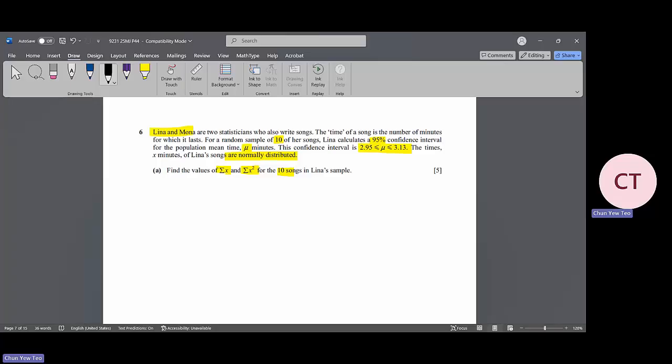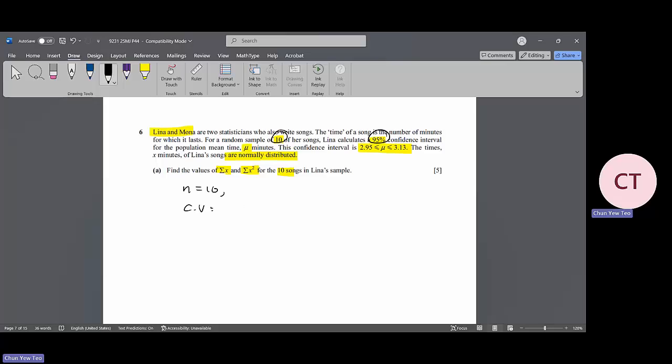So we have n equal to 10, and the confidence level is 95%. For a confidence interval, we need to find the critical value first. This is a small sample, n is 10, less than 30, so we should use t distributions.